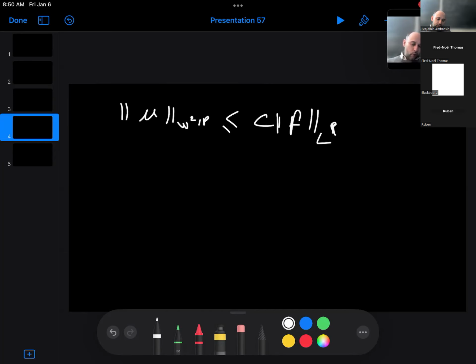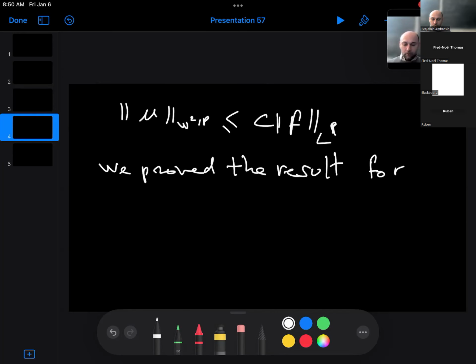Okay, we did that actually. We proved the result for P equal 2. But the case when P is not 2 is much more difficult.